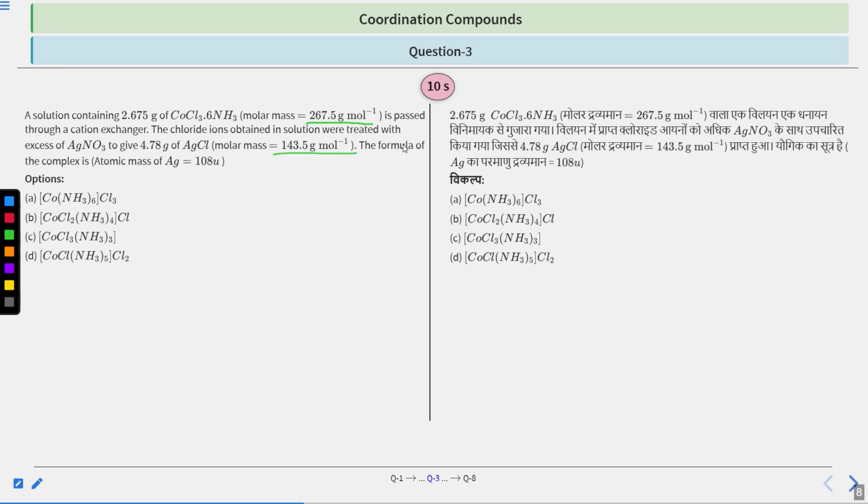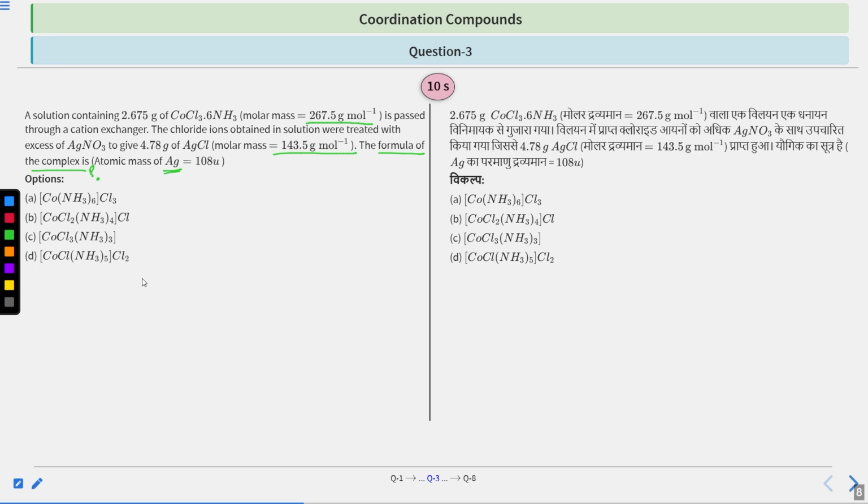We have to find out the formula of the complex. We are given the atomic mass of silver, which is 108 unit. Options are [Co(NH3)6]Cl3, [CoCl2(NH3)4]Cl, [CoCl3(NH3)3], or [CoCl(NH3)5]Cl2.